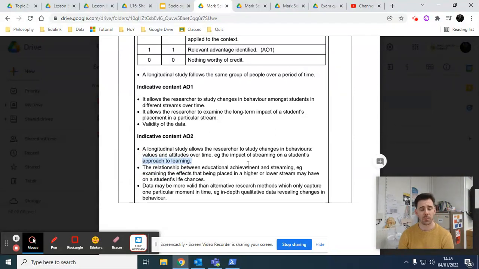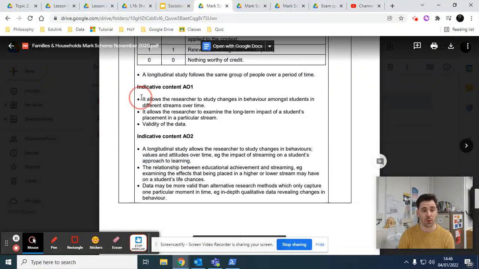That might be because by being put into the top stream, by being positively labelled, they are given a lot of motivation. Remember, the positive effect of being labelled can take place just like on the bottom end of the stream. If I've put someone into a bottom stream, I'm basically saying you're not as good as the people at the top. That student goes, I'm not as intelligent, I'm quite stupid, and internalizes that label. Maybe they then develop a negative attitude. So that's how I would develop that first point here.